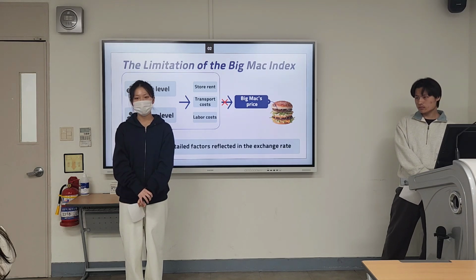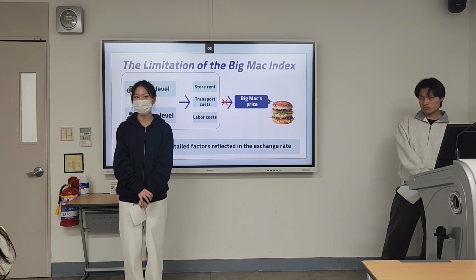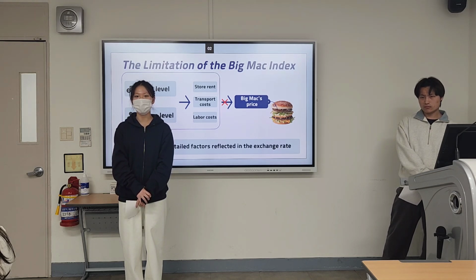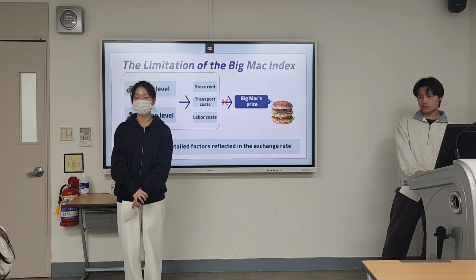Because of these limitations, other economic indicators should be used in addition to the Big Mac Index to make an accurate judgment. Kang and Jong will introduce two economic indicators that can compensate for its limitations.